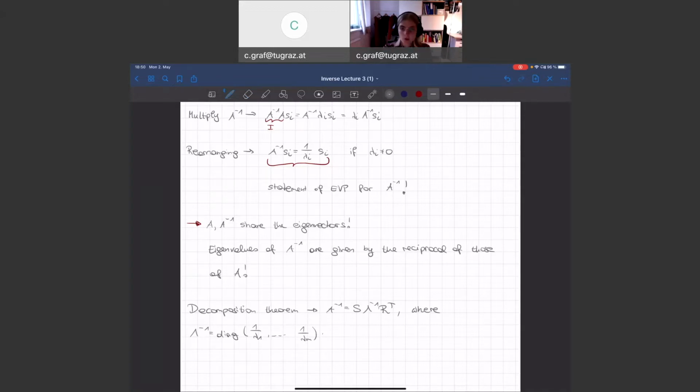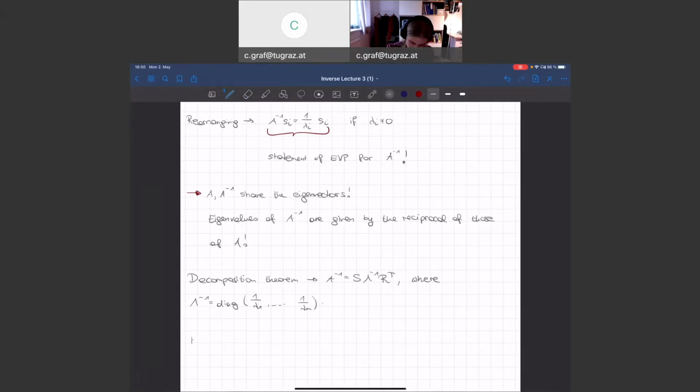We have one problem. If lambda_i is equal to 0, then 1 divided by lambda_i is undefined, and hence the inverse matrix does not exist. So if all the eigenvalues are non-zero, we are out of trouble.